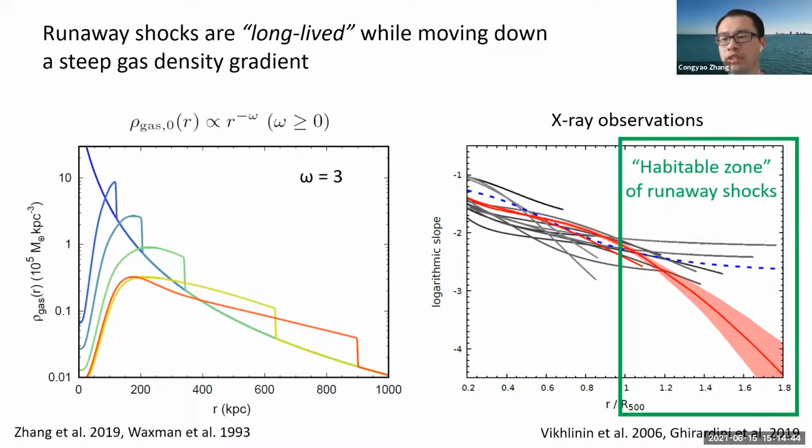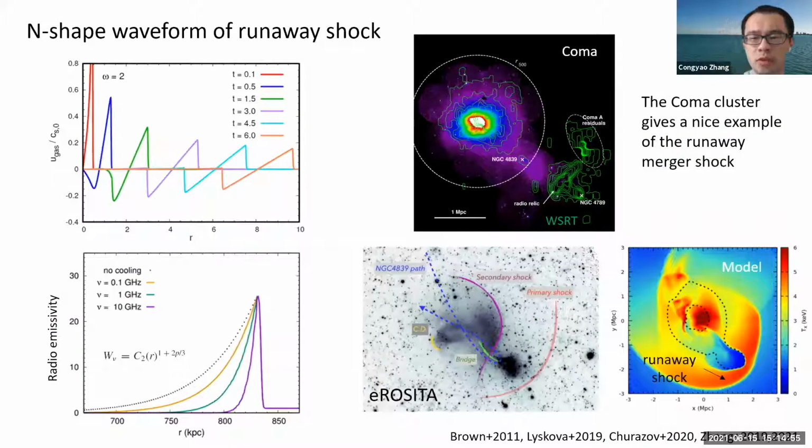The runaway shocks in this habitable zone are good candidates for generating radio relics found in the periphery of galaxy clusters. Another interesting property of the runaway shock is that it shows an N-shaped waveform. It looks like this: a leading edge trailed by a rarefaction, and there is also a secondary shock front.